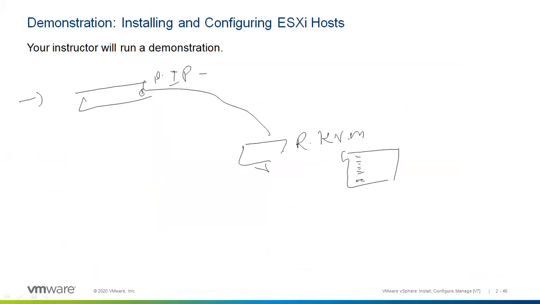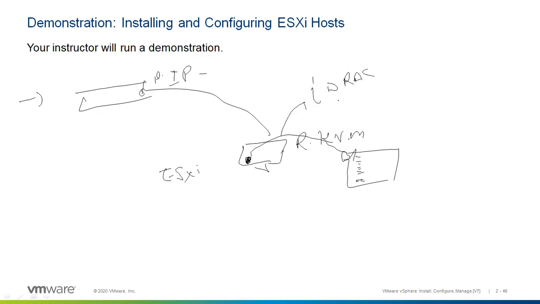So for that ESXi, you will keep your image ready locally somewhere on your laptop or some desktop. You have to mount that here in the remote console. So when you access through the physical IP address, that will be an iDRAC port.